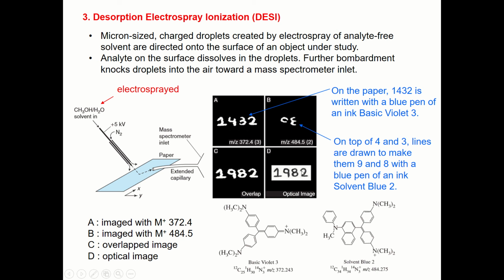This is the same as the optical image, but with mass spectrometry, with this desorption electrospray ionization method, although it seems only one ink was used, you can differentiate. Oh, it's made of two inks. Isn't that wonderful?